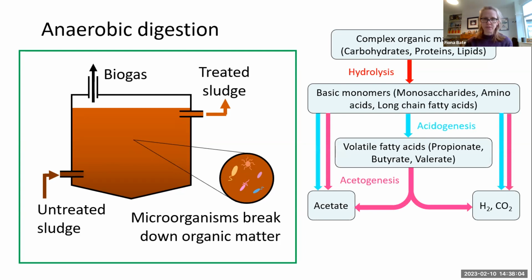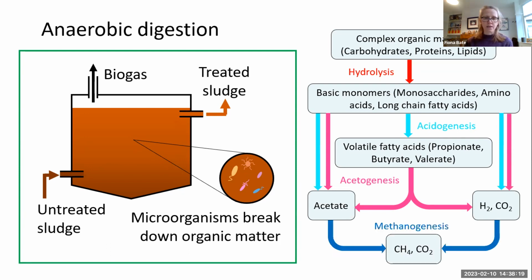The next 2 processes, acidogenesis and acetogenesis, break down these monomers into fatty acids, acetate, hydrogen and carbon dioxide. The final process in the anaerobic digestion is methanogenesis, where the acetate gets broken down into methane. All the hydrogen and carbon dioxide react together to form methane.